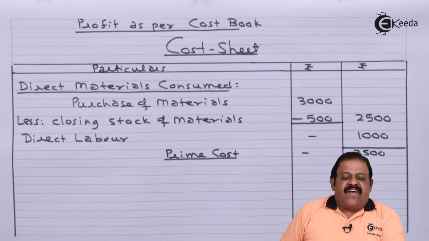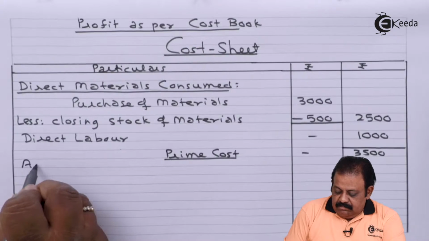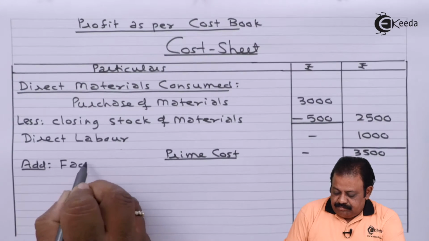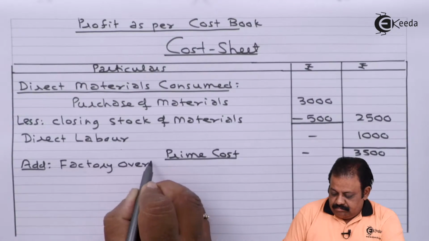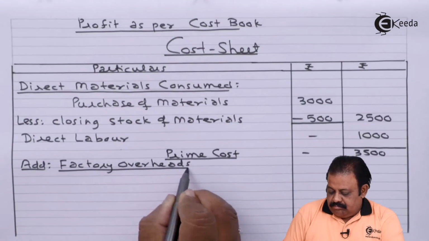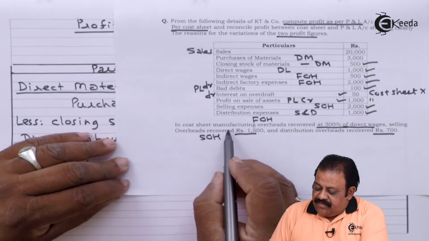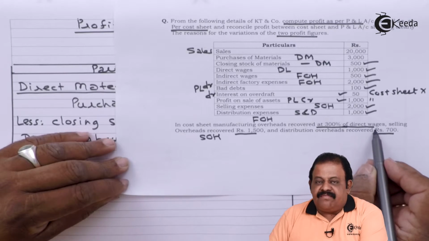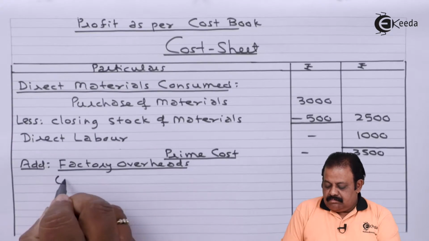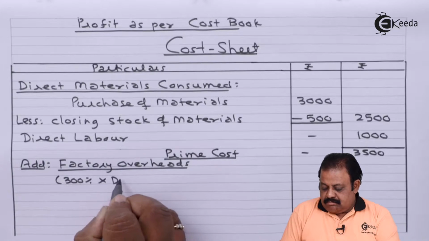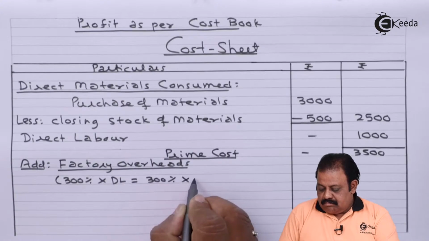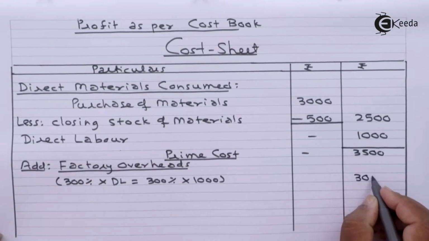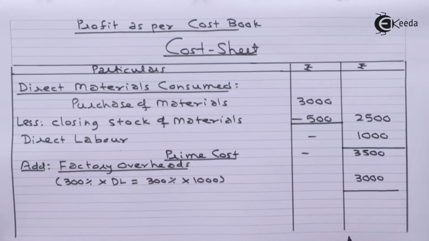To this we will be adding factory overheads. In cost sheet, factory overheads, manufacturing overheads recovered at 300% of direct wages. So manufacturing overheads are rupees 3000.